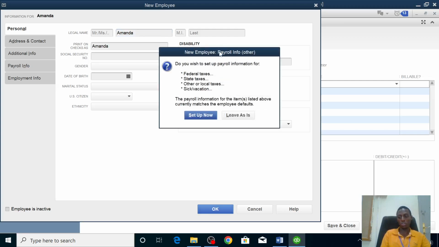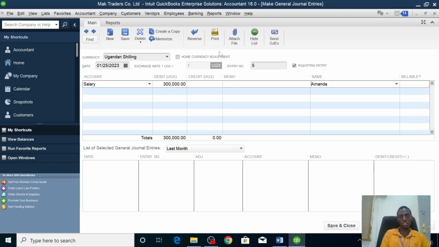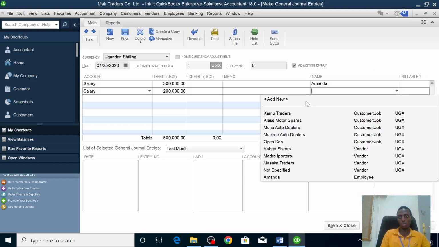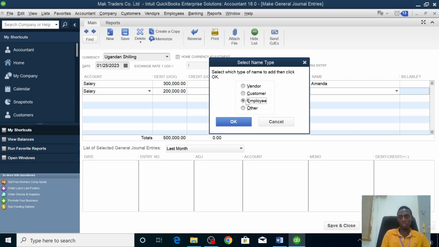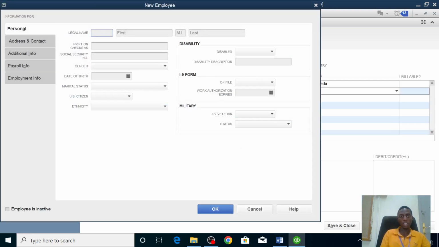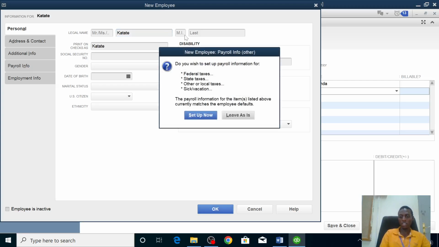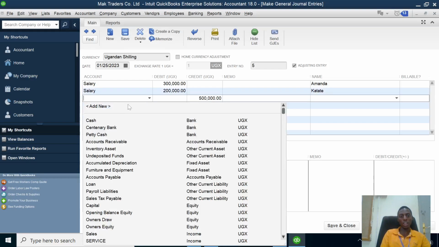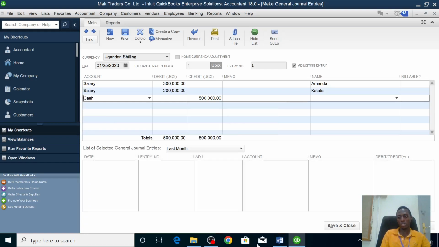I say continue and save as is. Next, salaries, payment of 200, and this payment goes to another employee, Katate. I say okay and save as is. So these payments were paid by cash, so I have to credit them with cash.